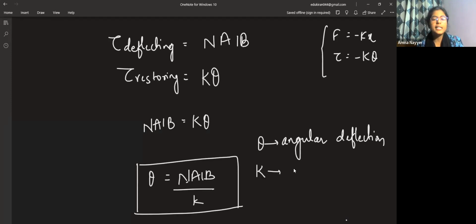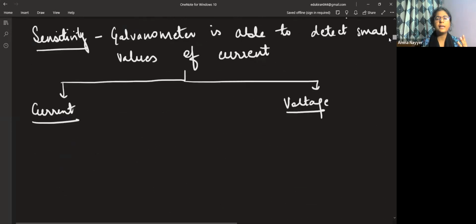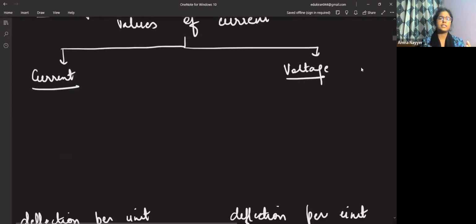K is torsion constant. These K constants are known as spring factor. For different systems that we have in nature, different types of these are present. Fine, spring factor values are present.